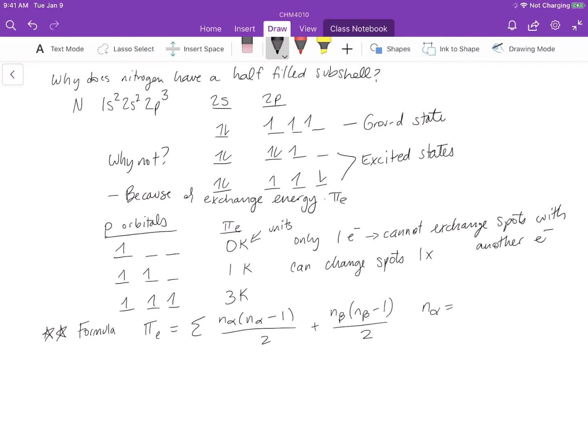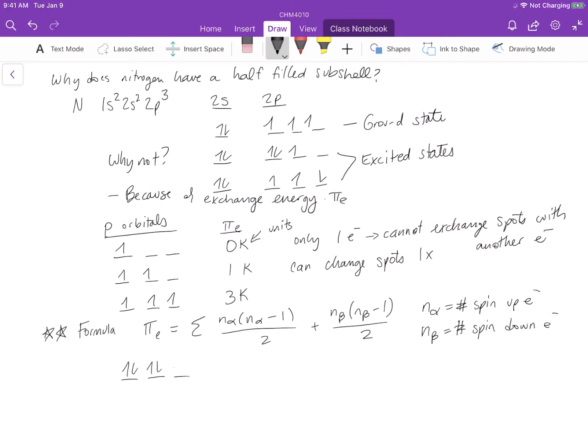So where n alpha equals the number of spin up electrons and n beta equals the number of spin down electrons.